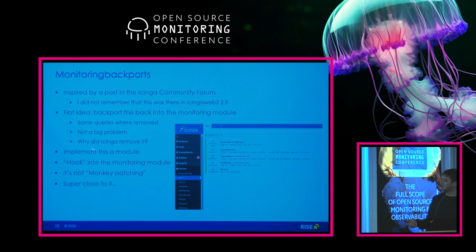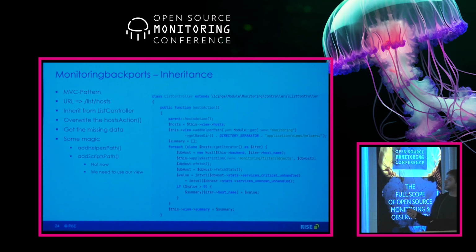So we hook into the monitoring module, but not hook like the Icinga way to provide hooks, but something like monkey patching. It's not monkey patching, but it's super close to it. Because you have this model view controller pattern. So you see the URL, it's list hosts.